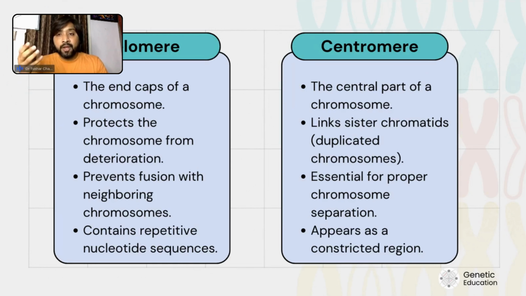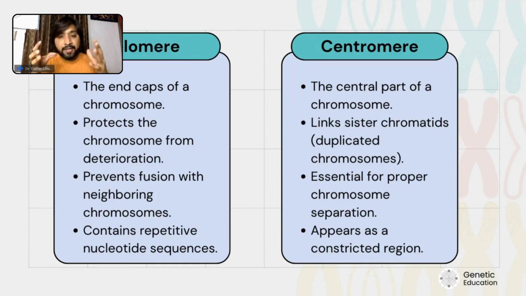Now moving ahead, the centromere is another important part of a chromosome. It's a central part, but not exactly the central part that divides the chromosome into equal sizes. It's the part that joins the sister chromatids of the chromosome; the arms join the arms. It's a very constricted area.